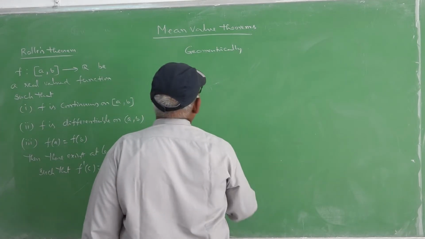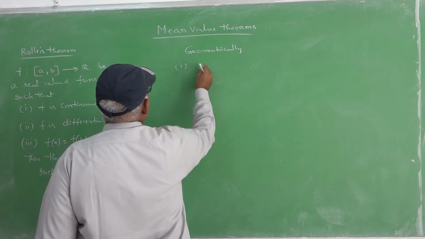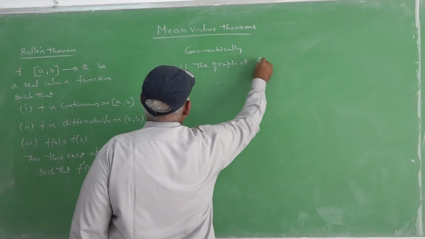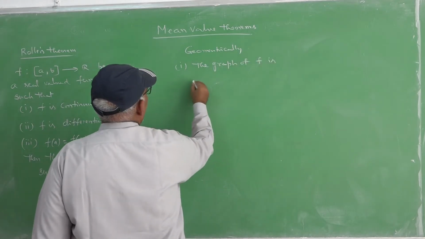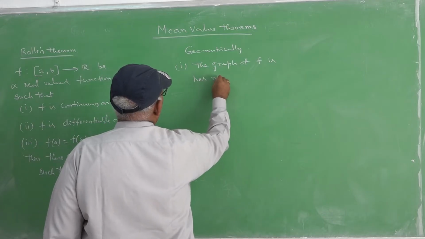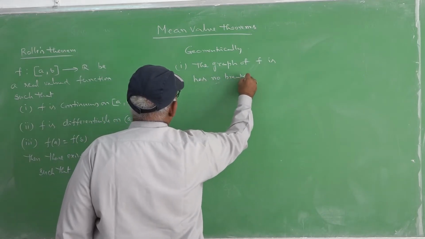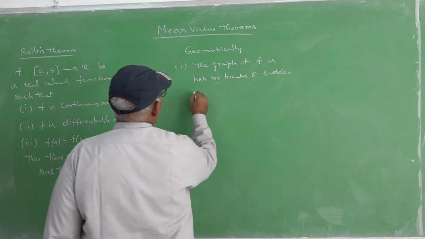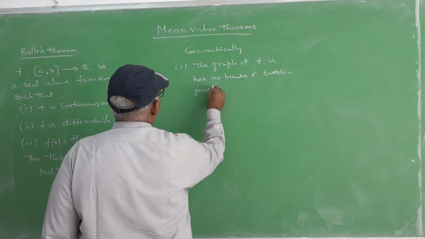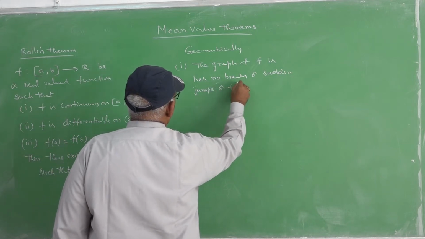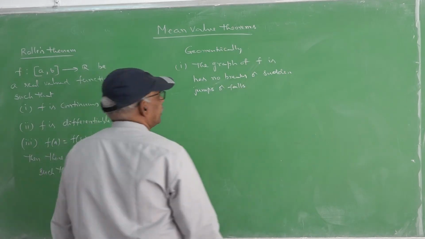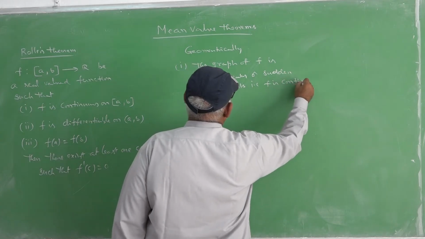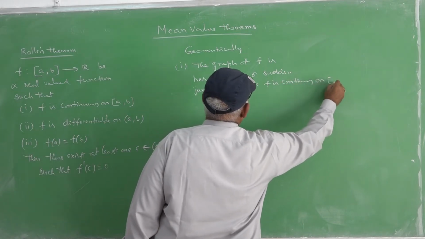Geometrically, the graph of the function f is continuous, has no breaks or sudden jumps or falls. That is, f is continuous on a, b.